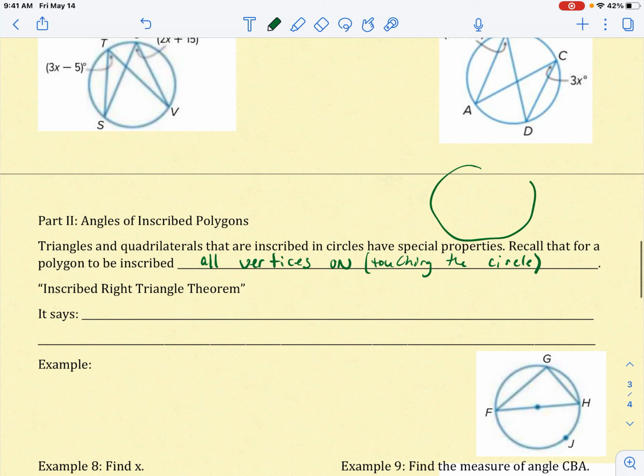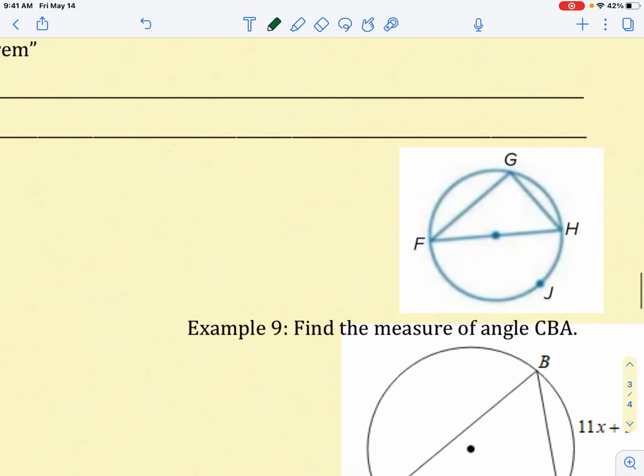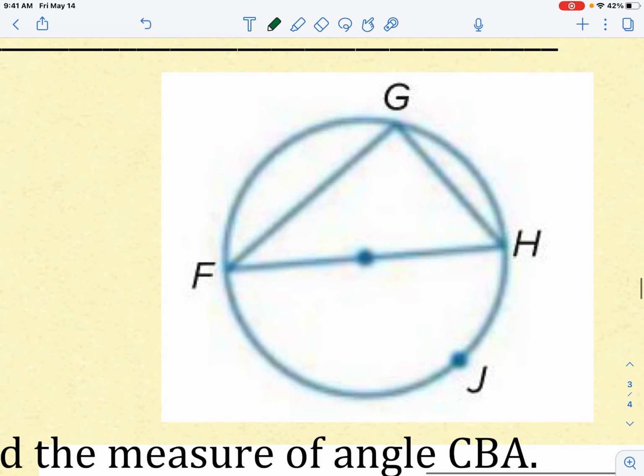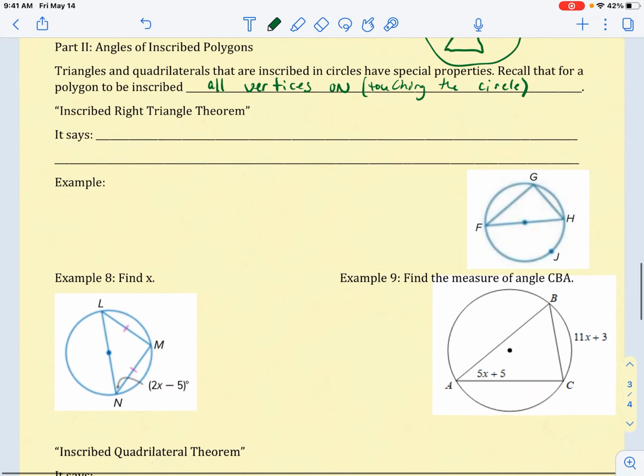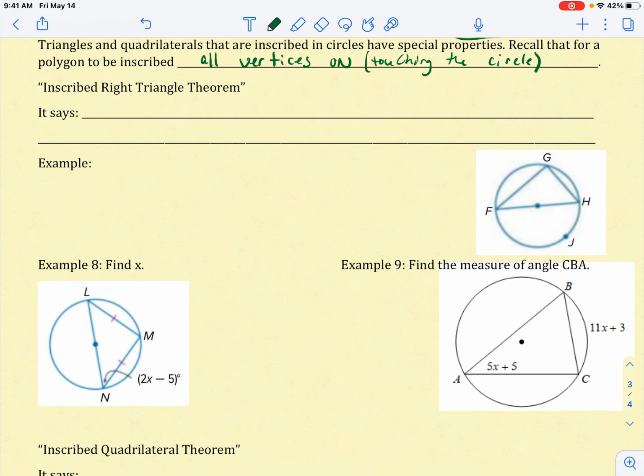So, for example, that is not an inscribed triangle, okay? That triangle doesn't touch the edge of the circle. In this picture, triangle FGH does. F, G, and H all touch the circle, okay? So it's inscribed, all right?